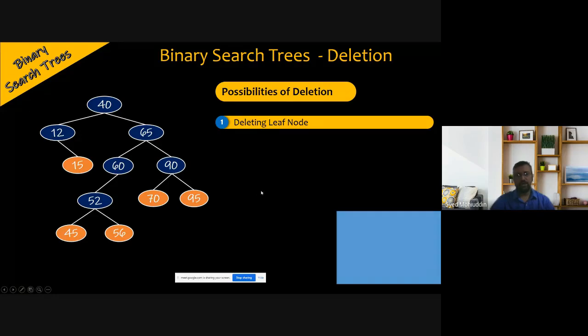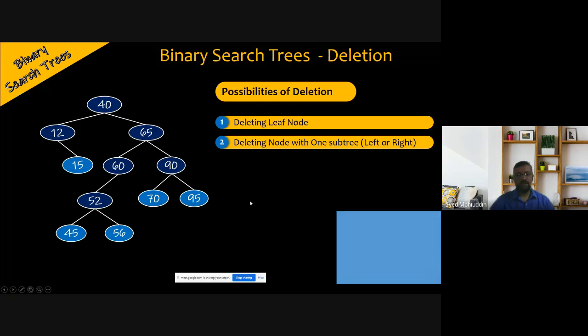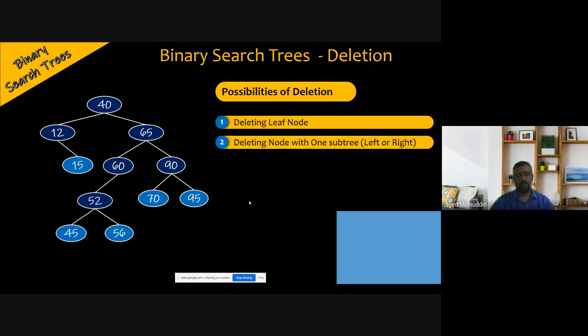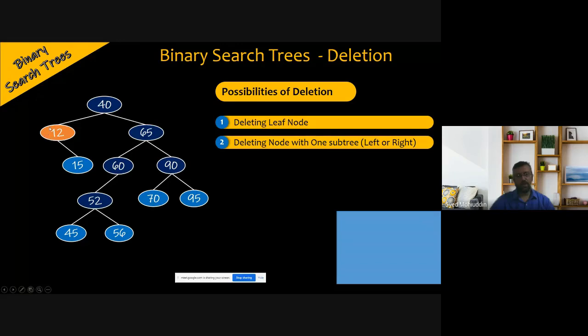So 15 gets deleted. Now, there is another possibility: the node we are trying to delete will have one child, left or right, or one subtree, left or right. For example, if you try to delete node 12, node 12 has a right child. We call this the right subtree.